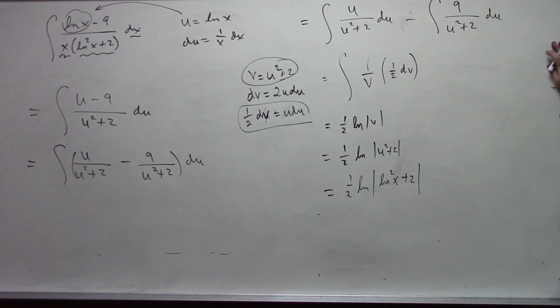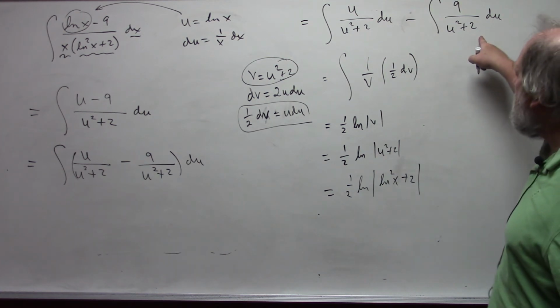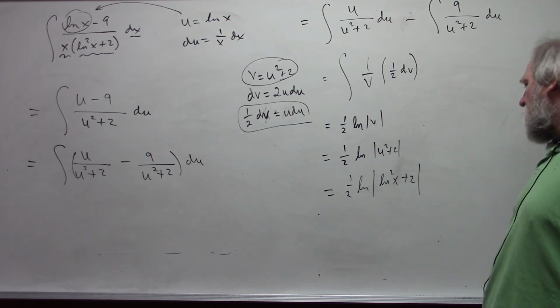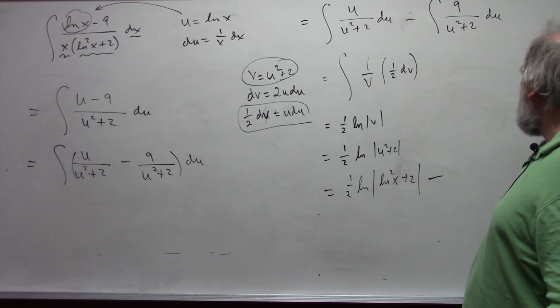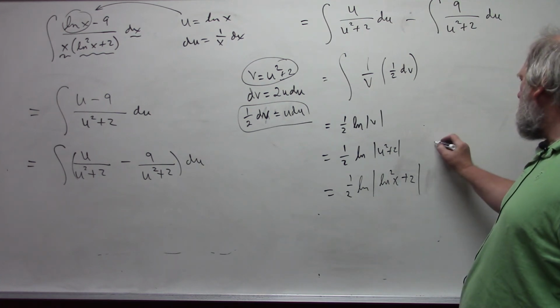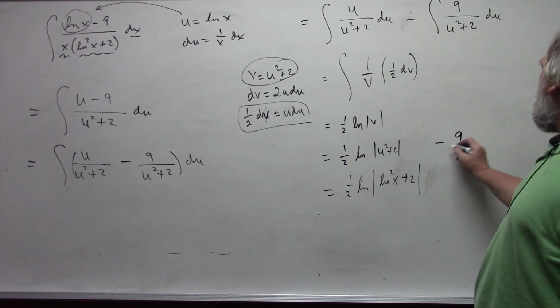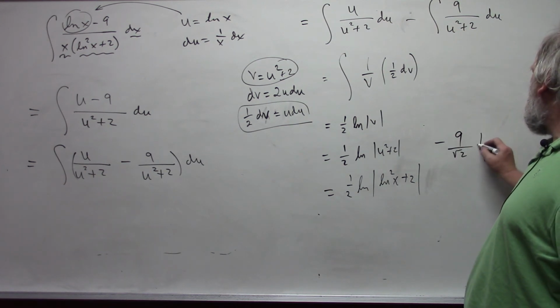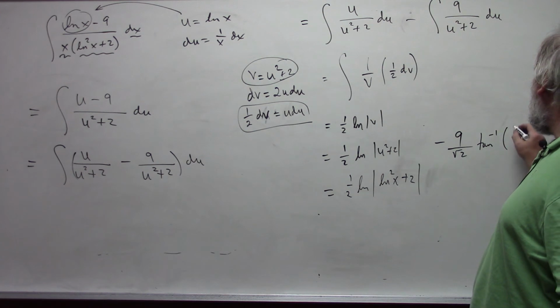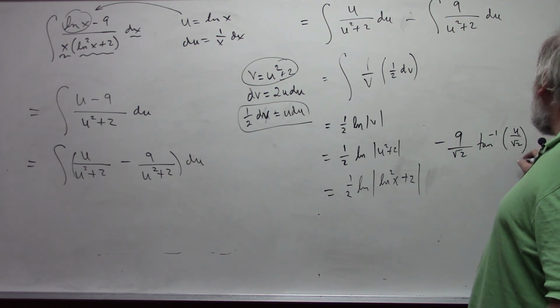Over on this side, as I mentioned, this is a basic form, and so I can just go ahead and take the antiderivative of that directly, well, in terms of u, so let me go up one. This is minus 9 over the square root of 2 arctan of u over the square root of 2.